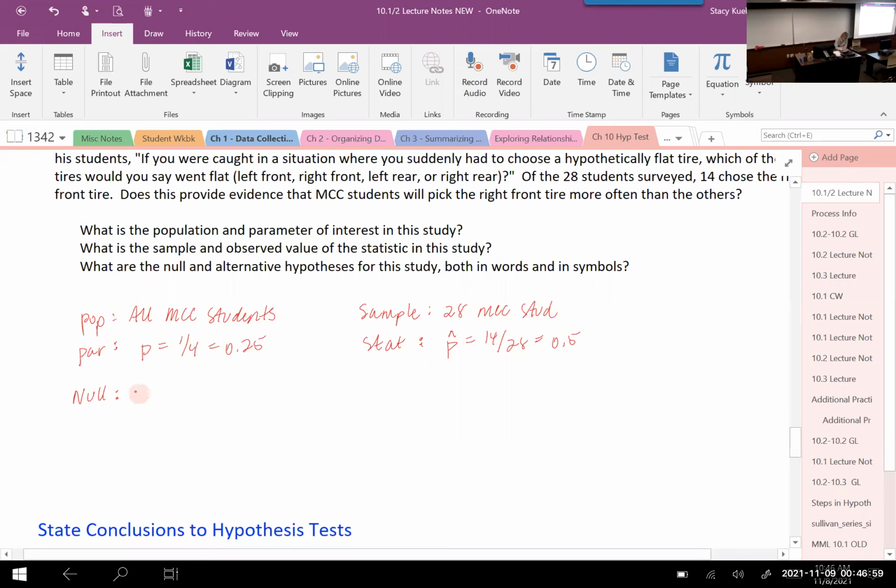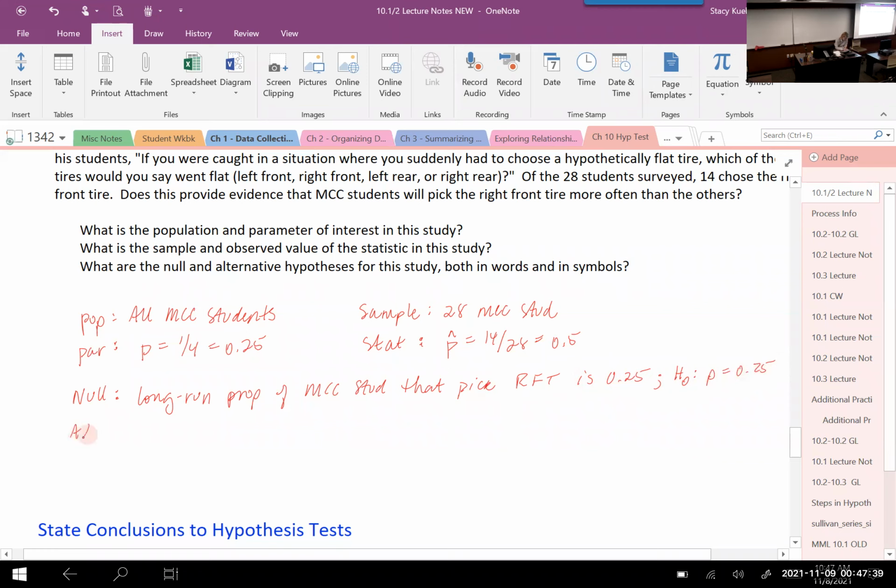All right, so in words, the long run proportion of MCC students that pick the right front tire, I'm just going to call RFT, is 0.25. Symbolically, H sub naught says P is equal to 0.25.